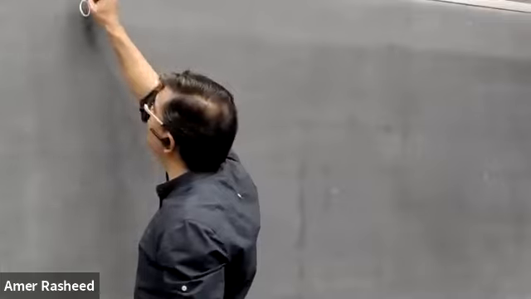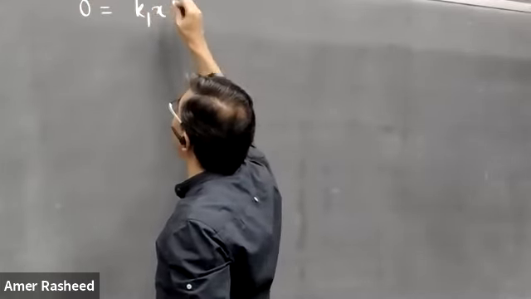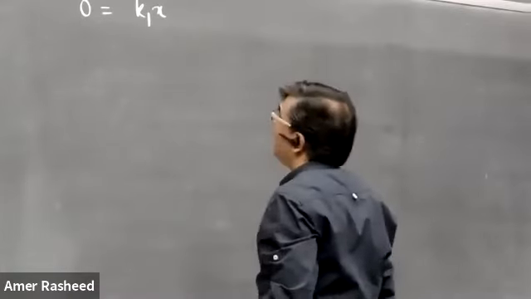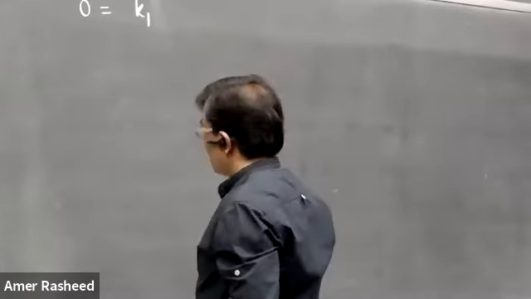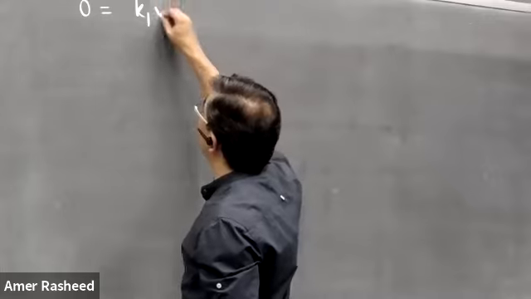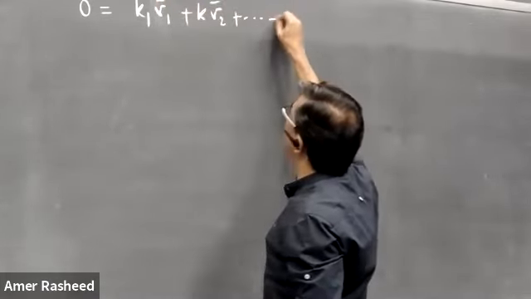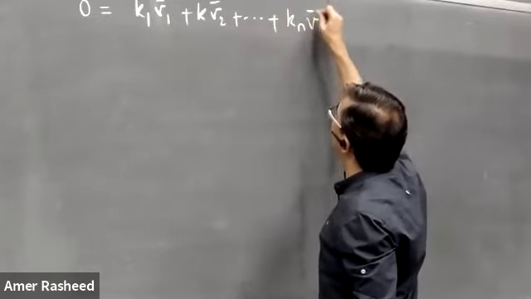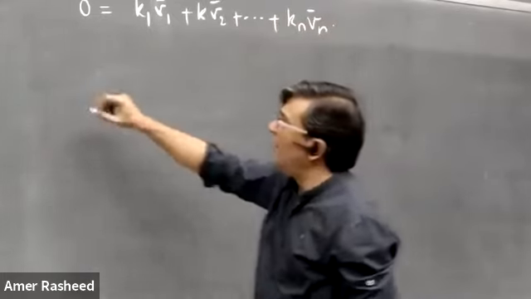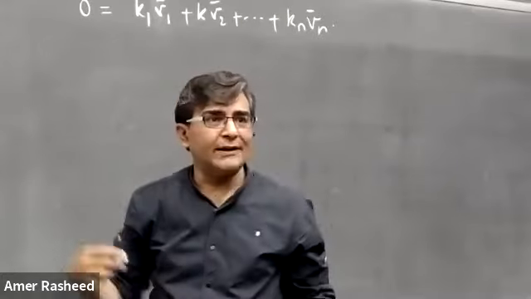If W is 0, then we have K1 V1 plus K2 V2 plus so on plus Kn Vn. Now there are two possibilities.